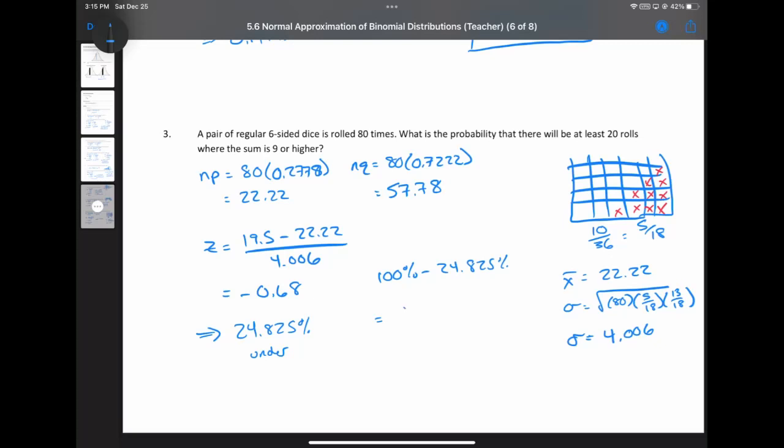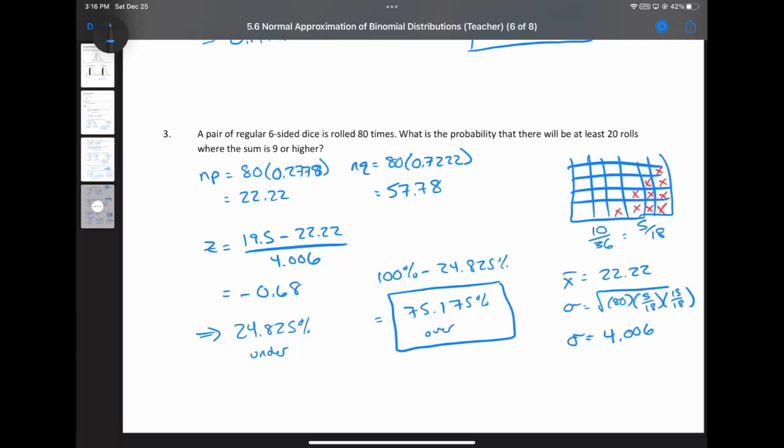And when we do that, we get 75.175%. So in Unit 1, I would have said 75% of our data is 20 or over. In this unit, I'm going to say, doing this experiment once, rolling the dice 80 times, there's a 75% chance I'll have at least 20 rolls with a sum of 9 or higher. So pretty significant chance.